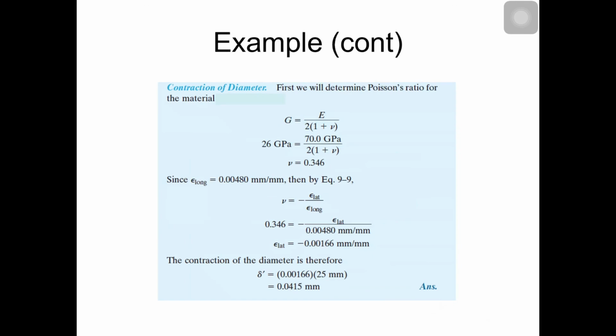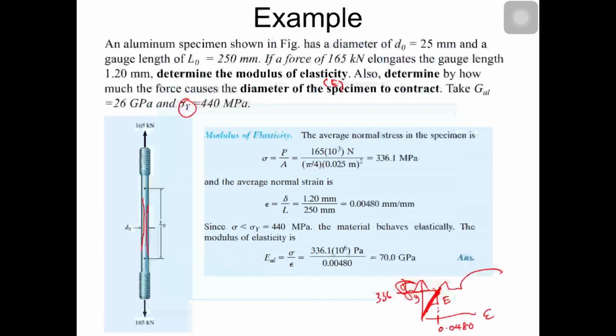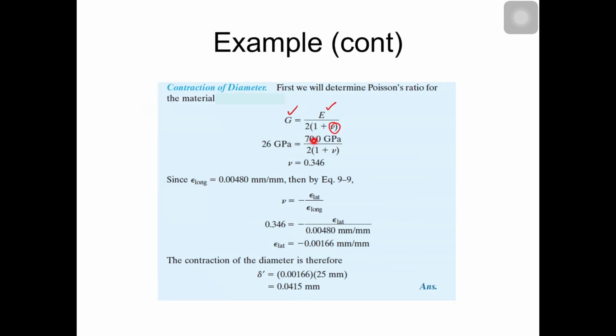First we determine the Poisson ratio for the material. You have G and E, so you find V using the equation. G is given as 26 gigapascal, and E is 70 gigapascal from previous work. We get the Poisson ratio, which is 0.346.